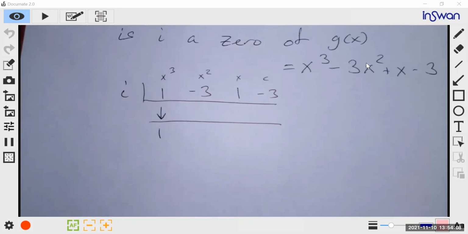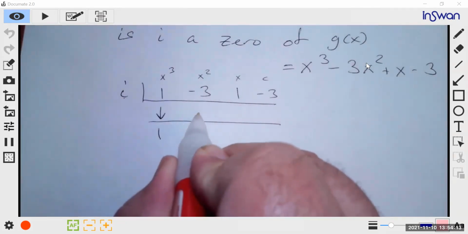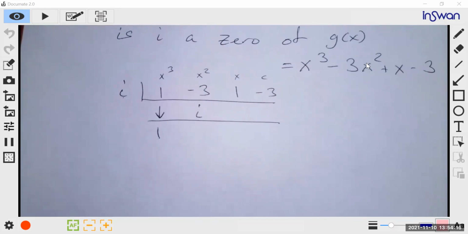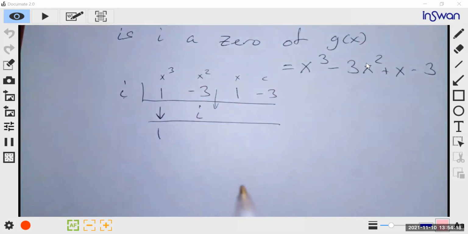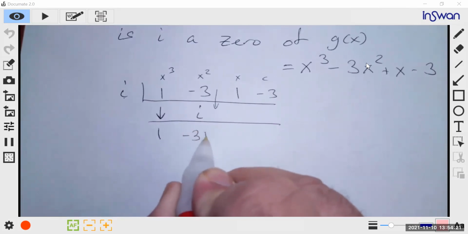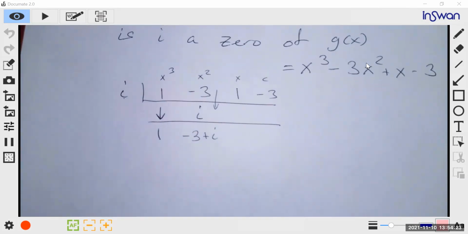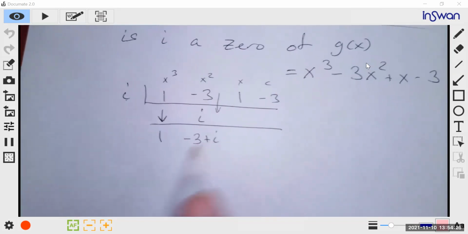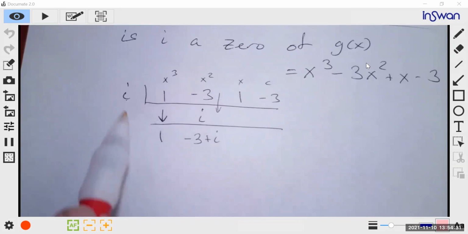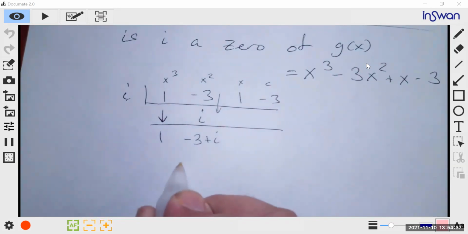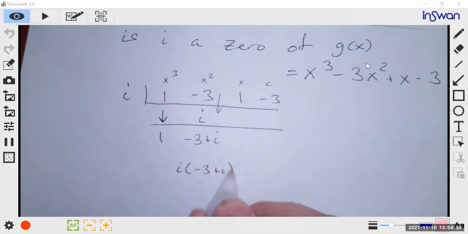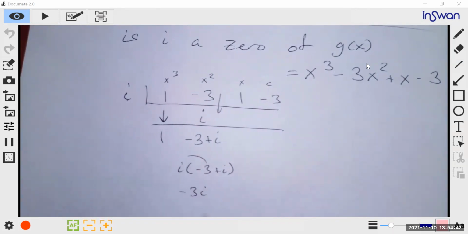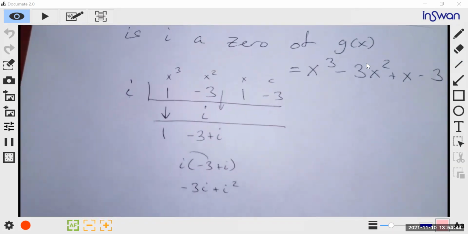Don't get confused because of the i. i times 1 is i. Now add these. Negative 3 plus i. They're not like terms, so you can't combine them. i times negative 3 plus i is negative 3i plus i squared.